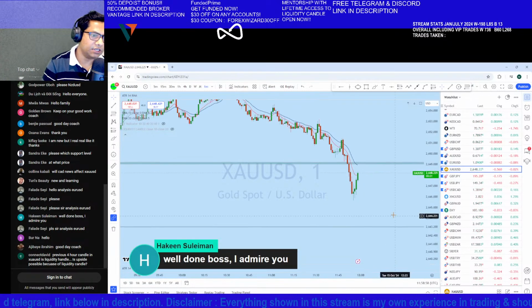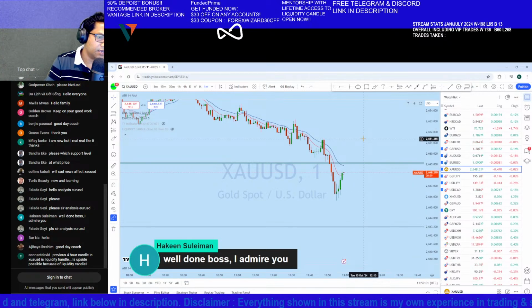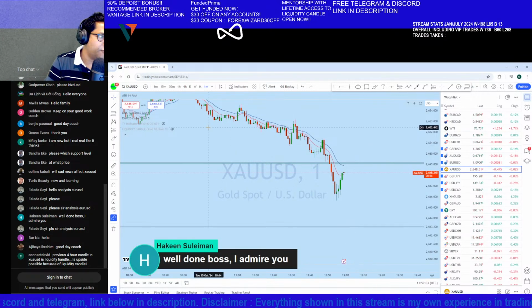Okay, so here what we can see in this area, the market pushing high for a pullback.